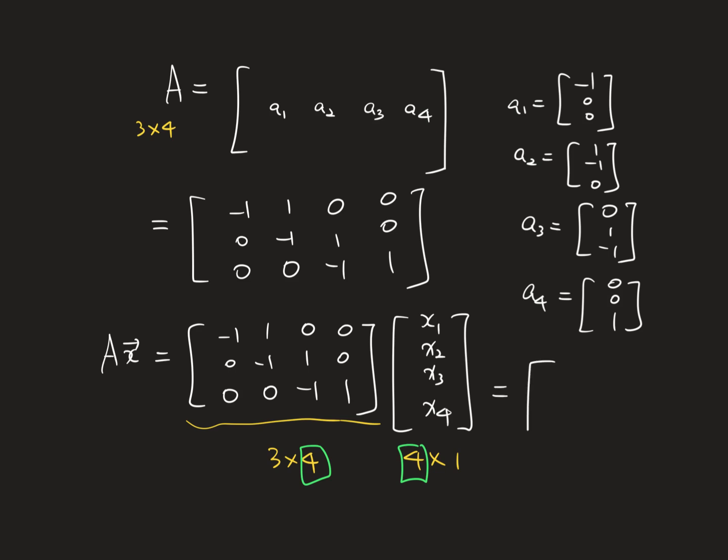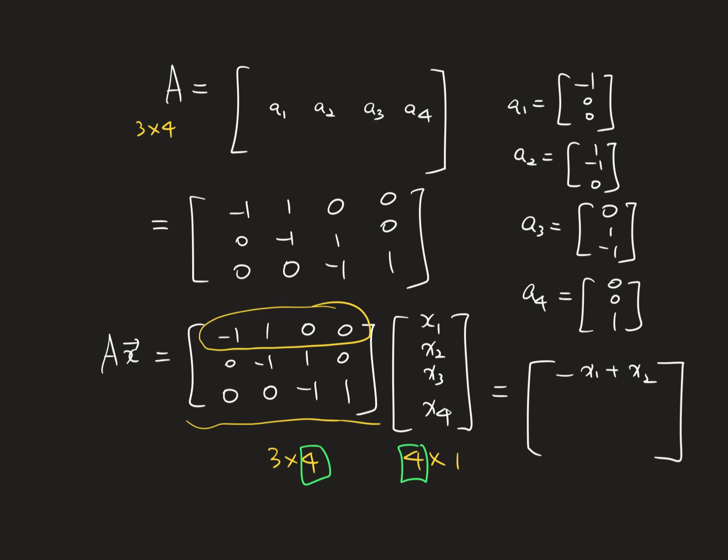So if we multiply, I think this time the dot product way is much better, because we take the dot product between minus 1, 1, 0, 0 with x1, x2, x3, x4. So this one should be minus x1 plus x2.